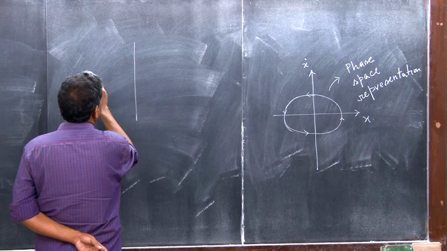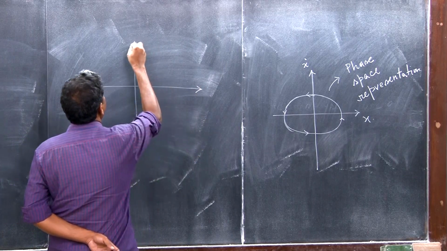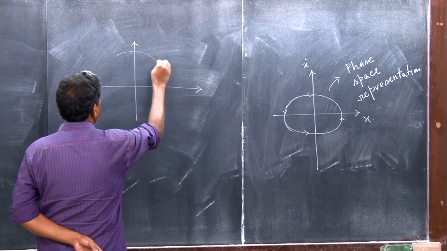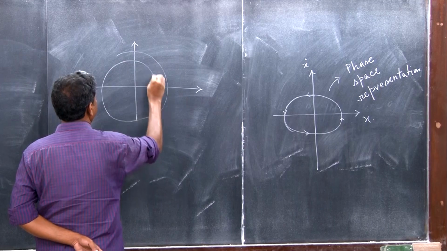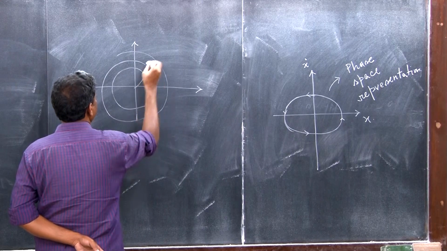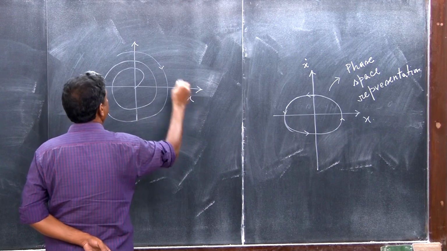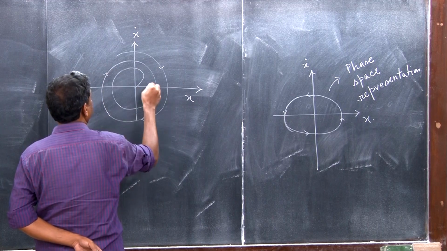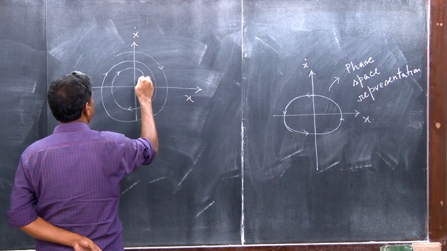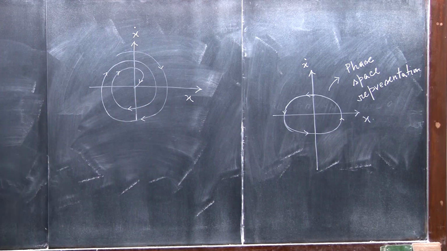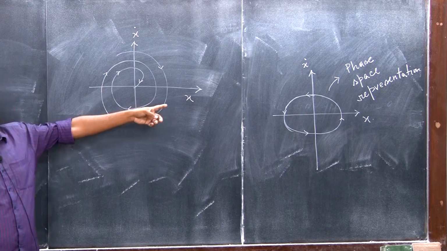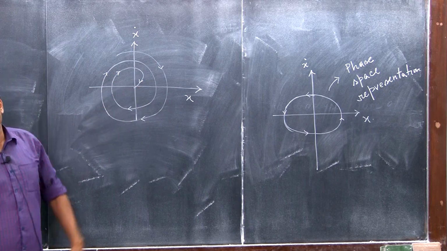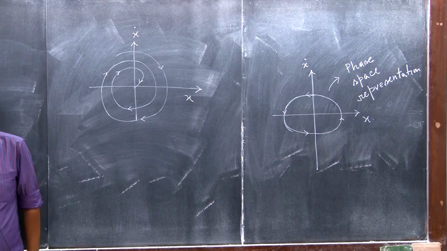So for a damped free vibration system, how will it look? See, initially you started with some displacement and then gradually it is spiraling, ultimately merging into the origin.